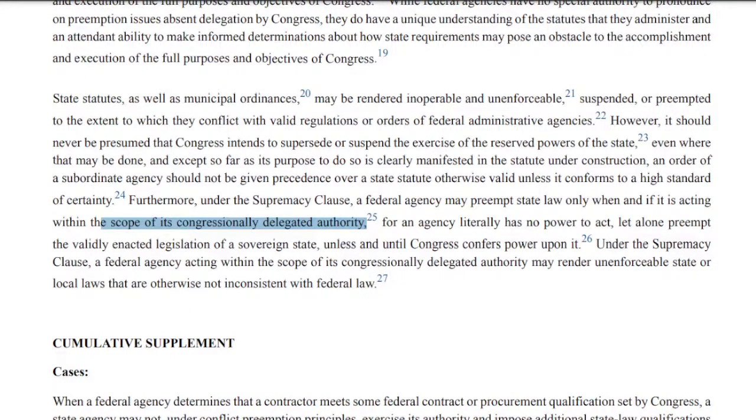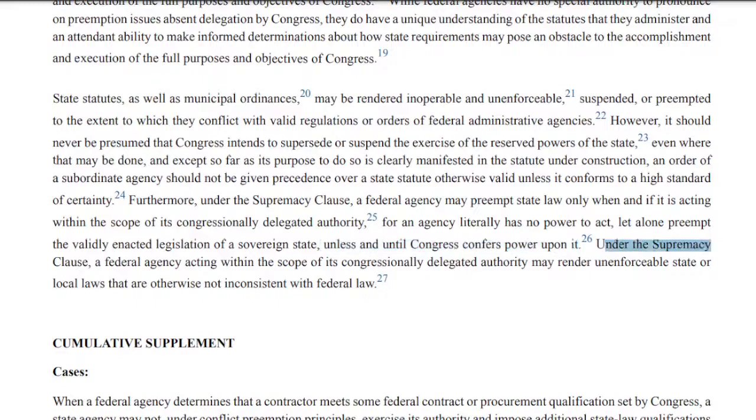And that's footnote 25. For an agency literally has no power to act, let alone preempt the validly enacted legislation of a sovereign state, unless and until Congress confers power upon it.